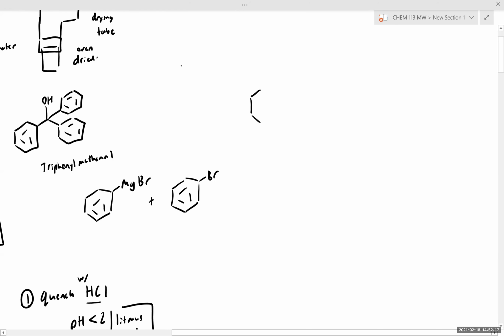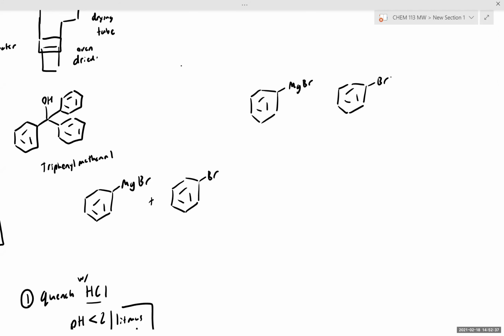So these are some possibilities. When you have your phenyl magnesium bromide generated, and you have your alkyl bromide, one potential option that would lead to homocoupling is where you would end up with fishhook arrow dissociation, making a carbon-centered radical.